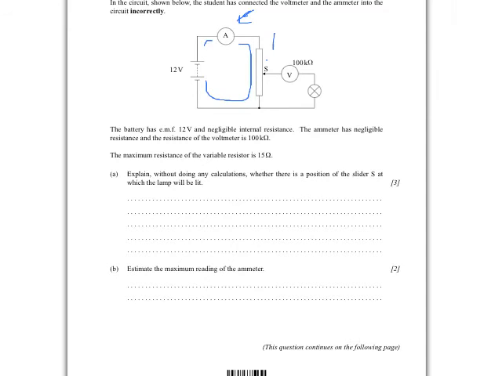This resistor has a resistance of 15 ohms, so the potential difference if it was just distributed along there would be 12. So V over R gives us a current of 12 over 15, which is equal to 0.8 amps.